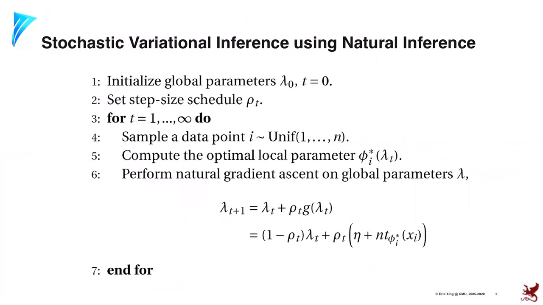After using the natural gradient, we can perform stochastic variational inference by sampling the data points and then updating the parameters using the natural gradient as shown in this algorithm.